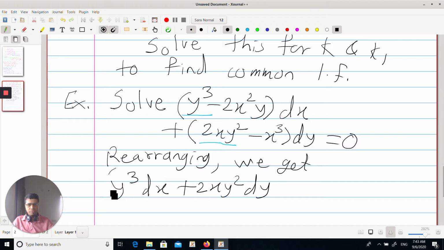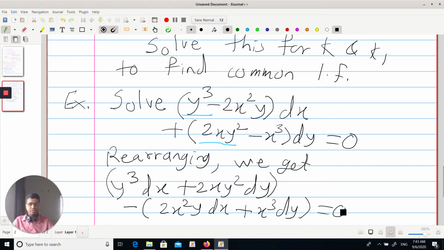So this is the first part. The second part is minus, we may take common, minus (2x square y dx plus x cube dy) equal to 0.